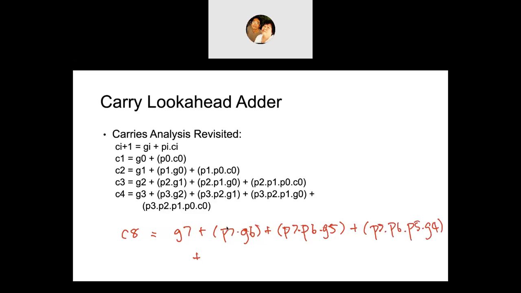Wow, I think all of you can do this, right? P7, and what is next? P6, P5, P4, and G3. And what is the next one? P7, P6, P5, P4, P3, and G2.